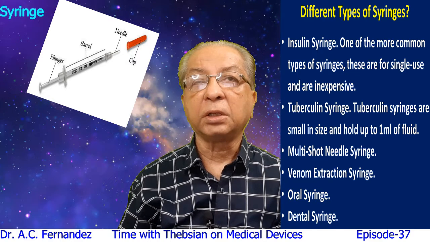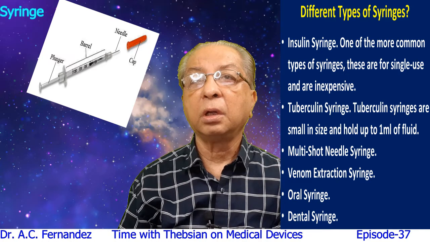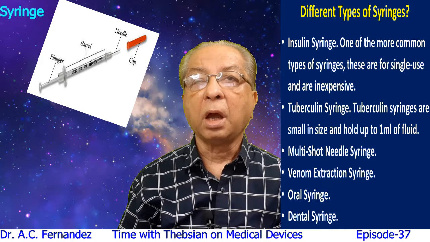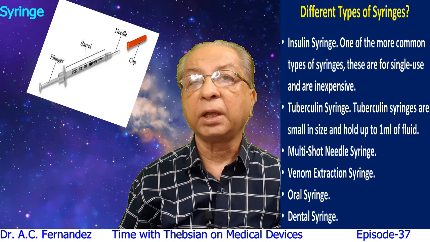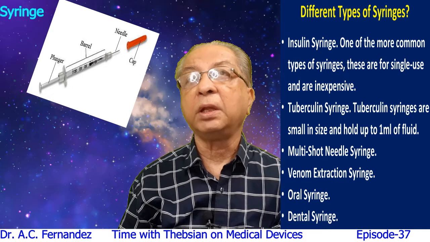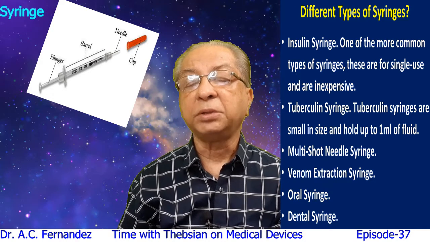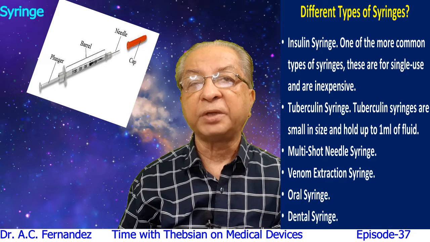Multi-shot needle syringes are designed to reload from a bulk tank after each injection, so they can make several or many injections after a filling just by changing to fresh needles.